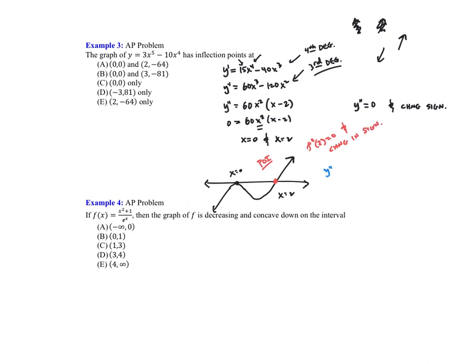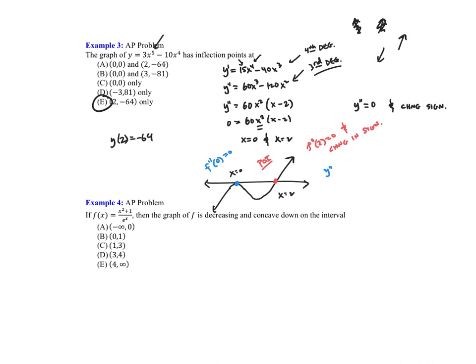Now, f double prime is also equal to 0 at x equals 0. However, there's no change in sign, so there's no point of inflection at x equals 0. Okay, so right now I know my answer is going to be E. However, I would have to confirm that y of 2 is equal to negative 64.